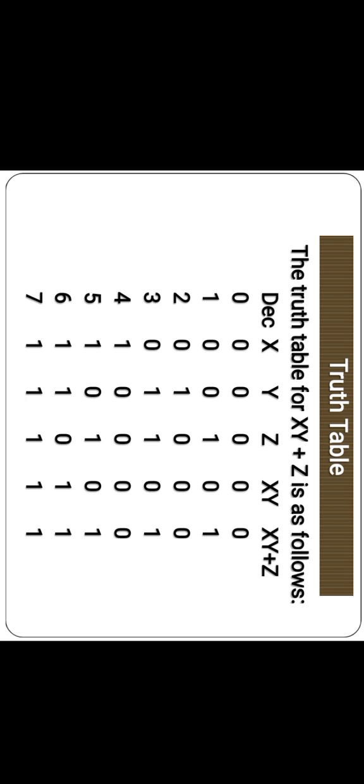For decimal number 1, the input value is 0, 0, 1. The xy operation is 0 into 0, 0. For xy plus z, 0 plus 1, 1. Our result value is 1.